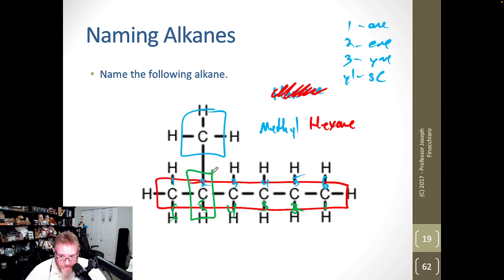There's no shortcuts here. Yeah, I know later on you can just look at this and see it's a 2, you're good. But this is how you start off. And especially when things get more complicated, this is how you need to do things. This is 2. 2-methylhexane. I'm sorry, 2-methylhexane. Might have just said that unclearly.